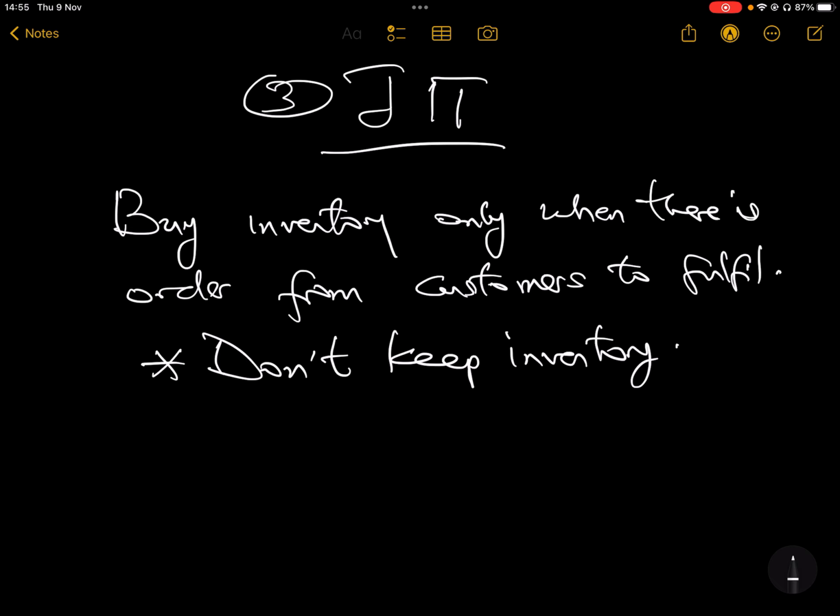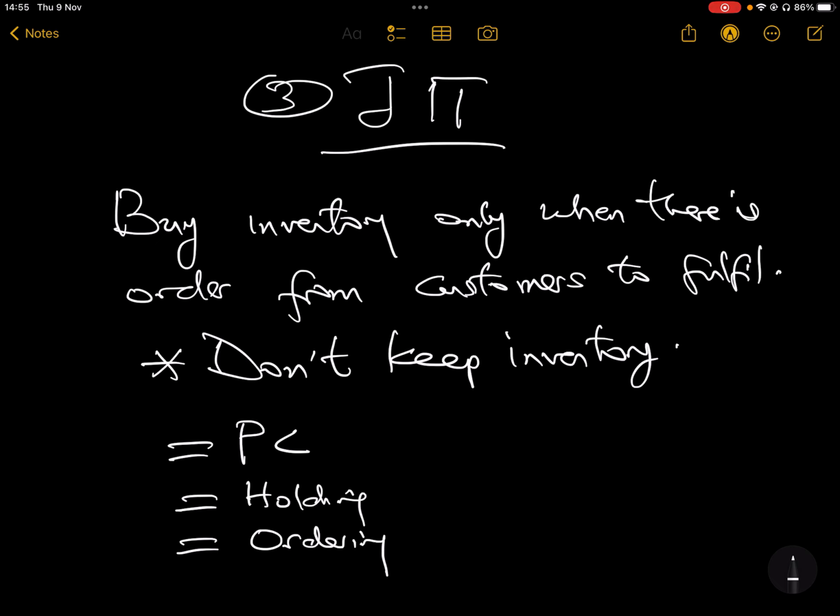Yeah, and if you look at the components of inventory cost, purchase cost, holding cost, and ordering cost, you will discover that this will really take your holding cost close to zero because you are not going to be keeping any inventory. But guess what? You're going to be ordering as many times as customers are asking. So you probably expect your ordering cost to go up.